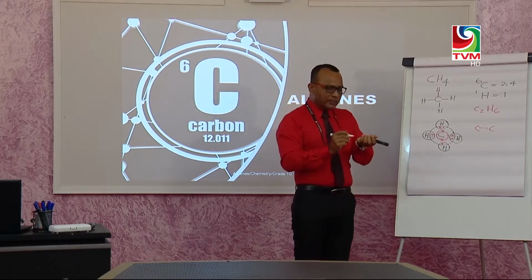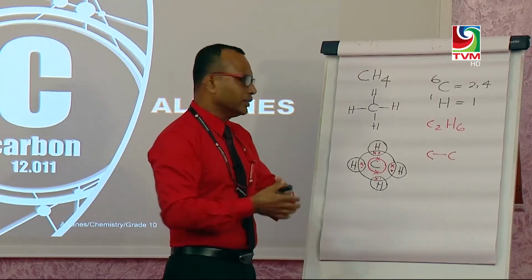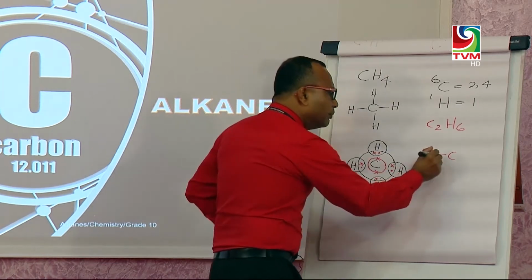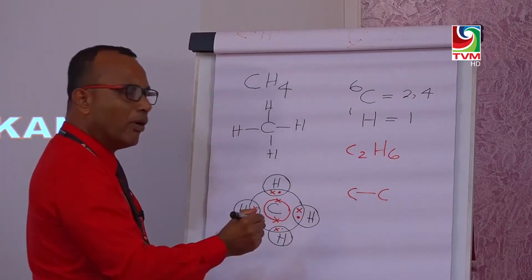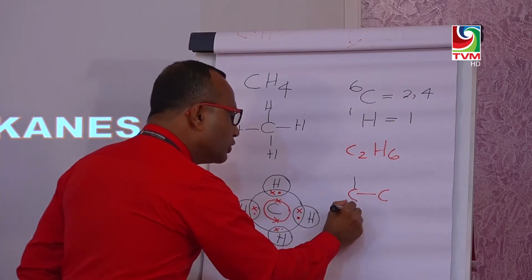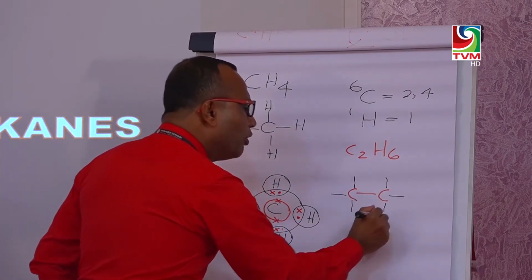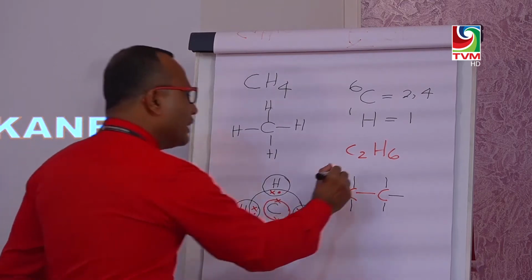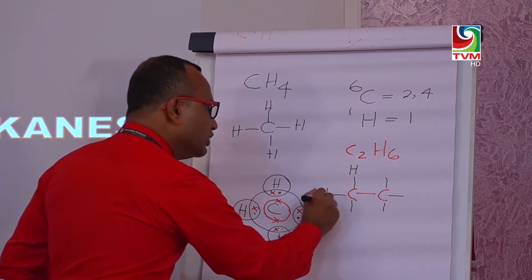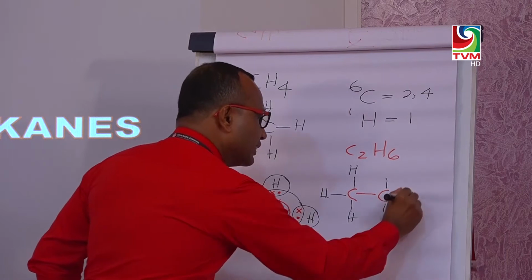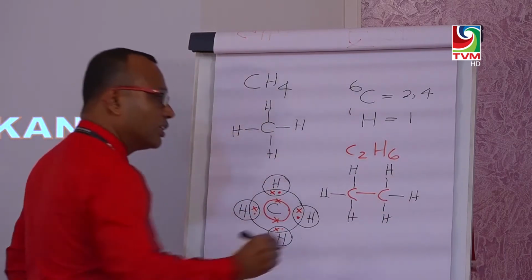Complete 4 bonds around each carbon. You may see this carbon already has 1 bond, and needs 3 more bonds to complete 4. Even this carbon needs 3 more bonds to complete 4. I write hydrogen atoms in these places and get the structural formula.